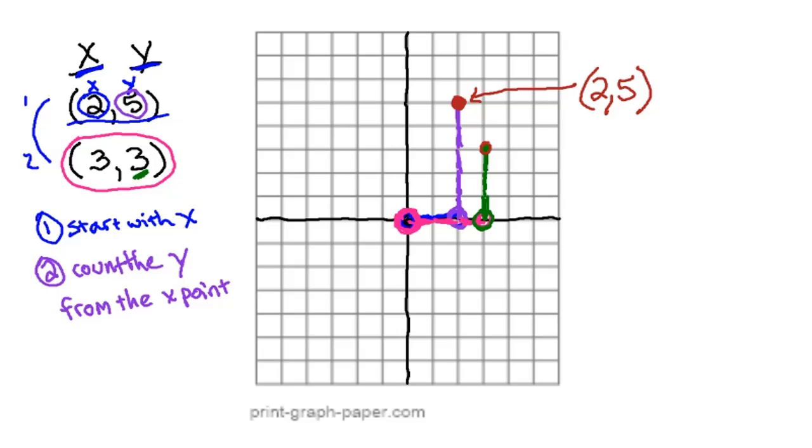So I'm going to do a little red dot there because that's the only thing that you actually put on the graph. This pink and green that I just did, you just do that in your head. And the only thing that you actually put on the graph is this red dot. So this red dot is 3 over and 3 up.